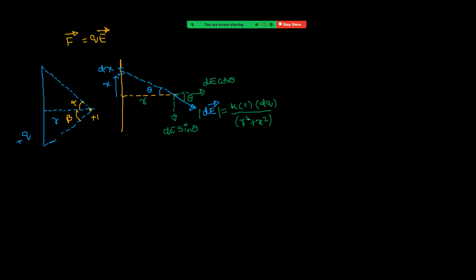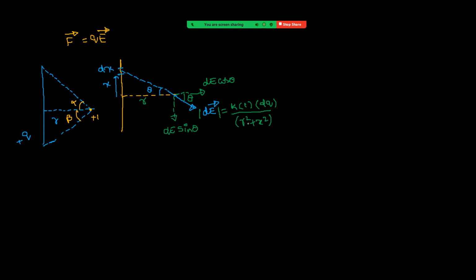So we want to calculate these two components, one normal to the wire, the other parallel to the wire. Now see carefully. In this, R is a constant, x is variable, and theta also is variable. So we have to convert this into a single variable.